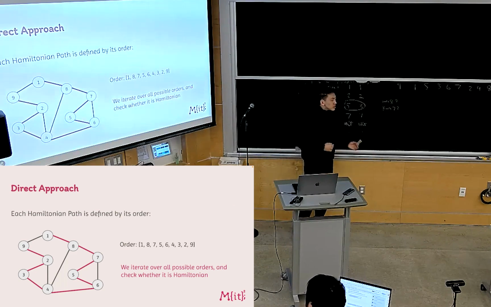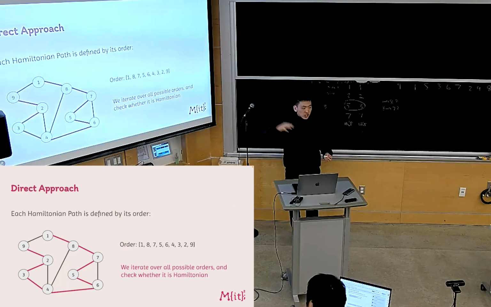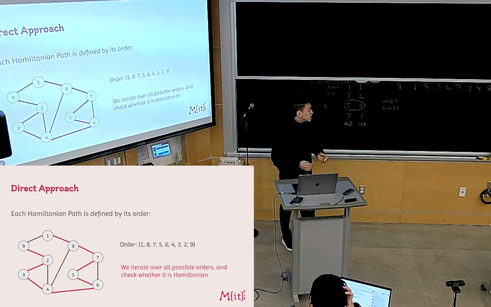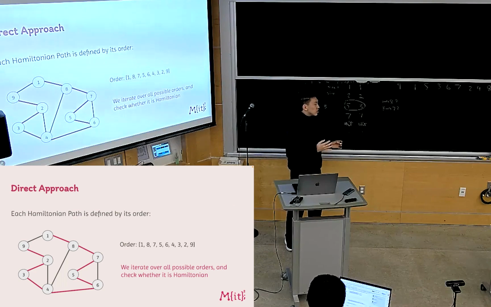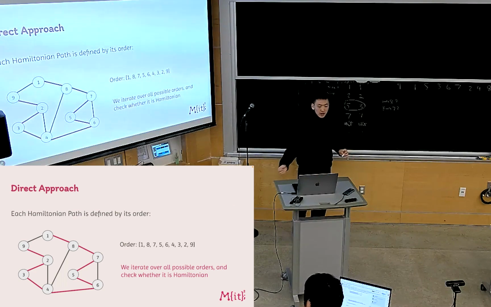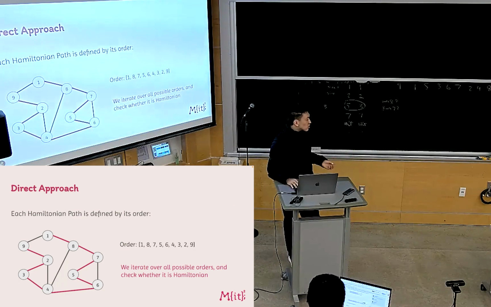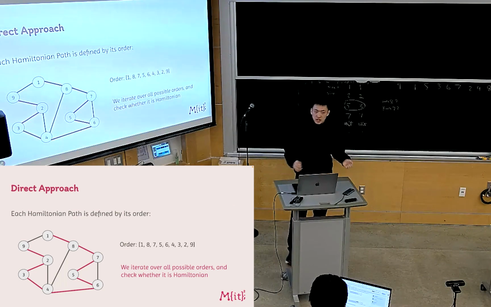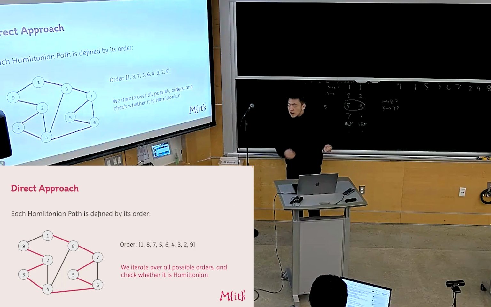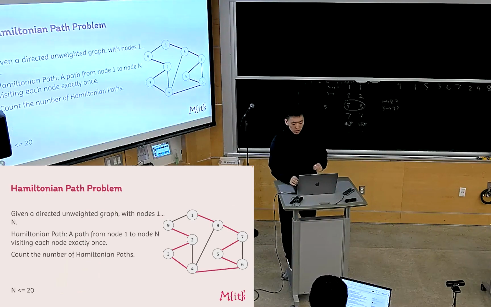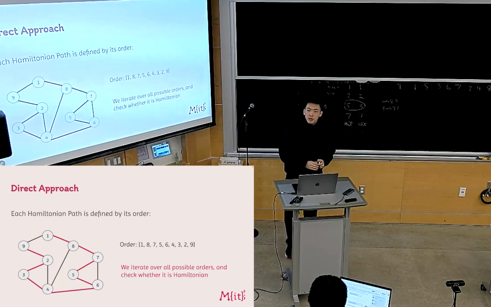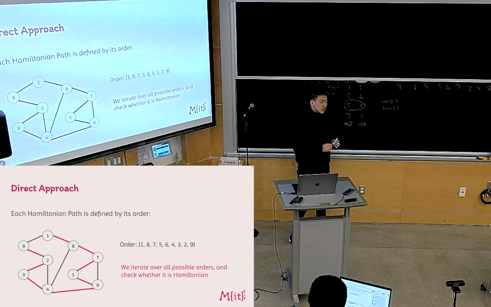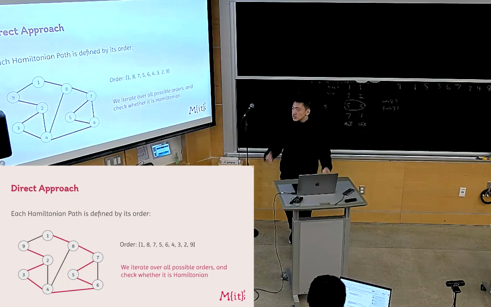So one simple solution is iterate over all possible values of this order, of which there are n factorial, and then just check, does this order make a Hamiltonian path? And so this gives us an n factorial times n solution. But can we do better than this? Remember, in the problem, n is 20. So 20 factorial is approximately 10 to the 30, which is definitely not fast enough.